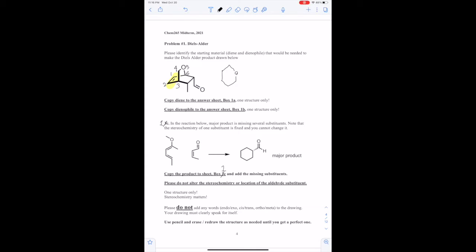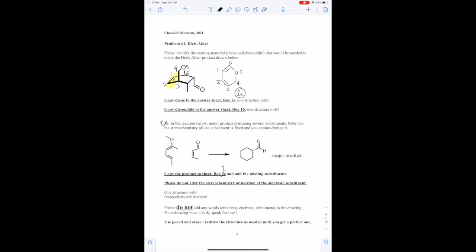Oh, not there, right here. Okay, and then we can number the carbons again. And then the oxygen is on number 5, and then the 6th carbon is right there. And voila, that's the diene, and that's your answer to box 1A.